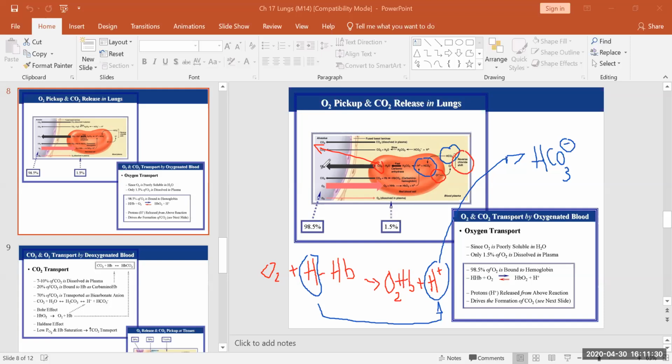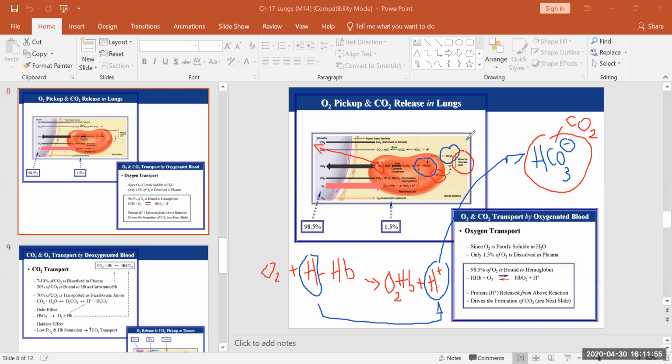Okay? And later when you're going to learn about this bicarbonate, you should have asked, where do we have this bicarbonate? And magically, this is how the body transports CO2. 70% of carbon dioxide is being transported in the form of bicarbonate in blood plasma.